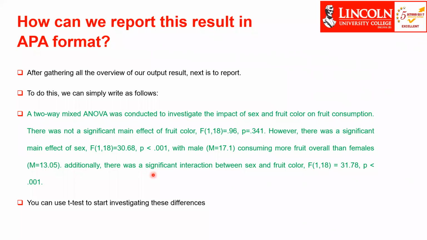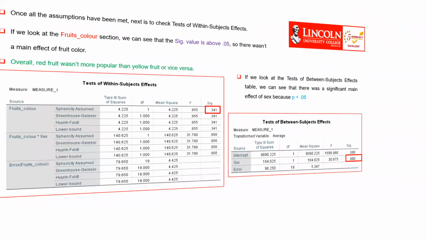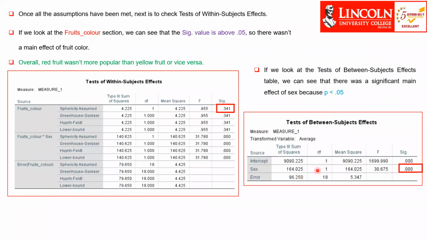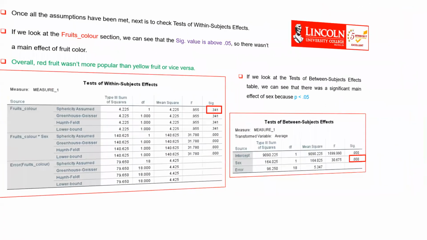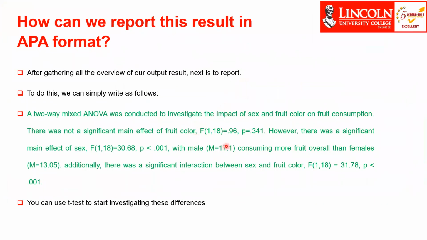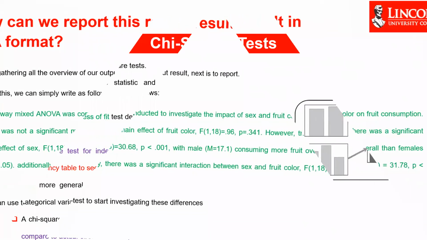Additionally, there was a significant interaction between sex and food color. Then you report this as well. All these figures you find from the tables we have mentioned here. This is how to report a two-way ANOVA test in APA format.